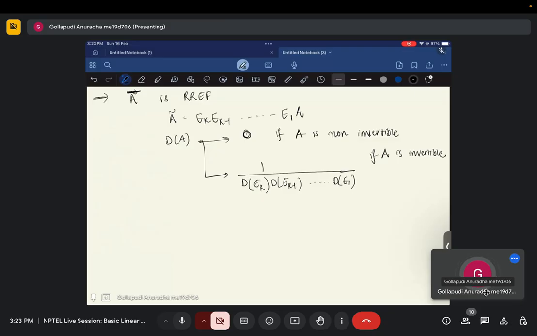So this was also discussed. What does that actually mean? Here I'm writing the same. So the determinant, as I said, elementary operations you can pull out.